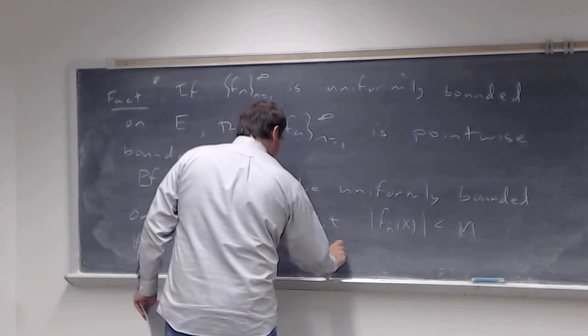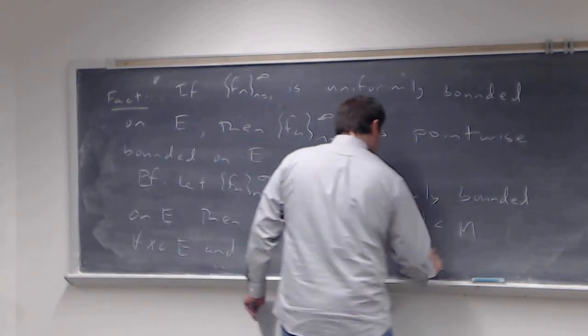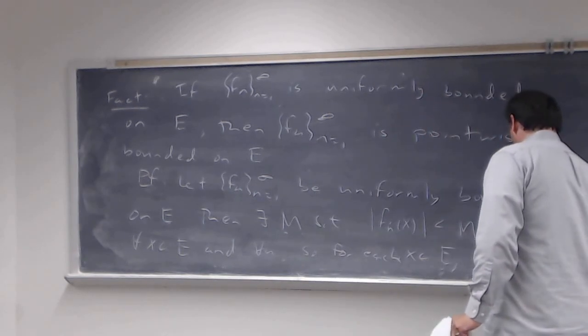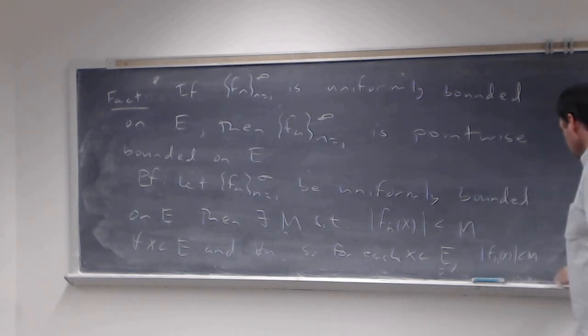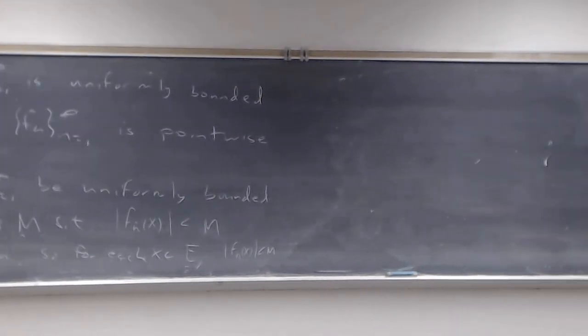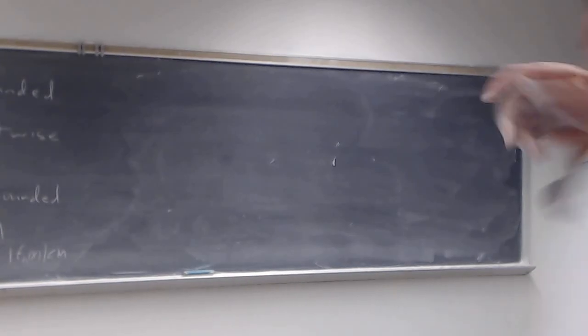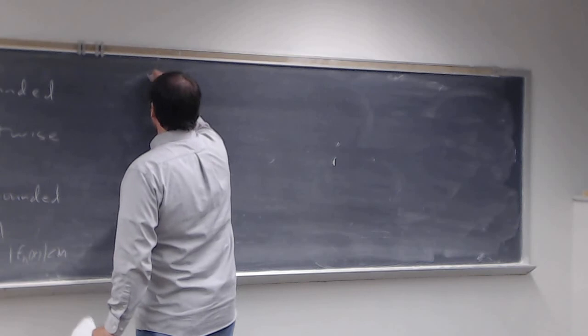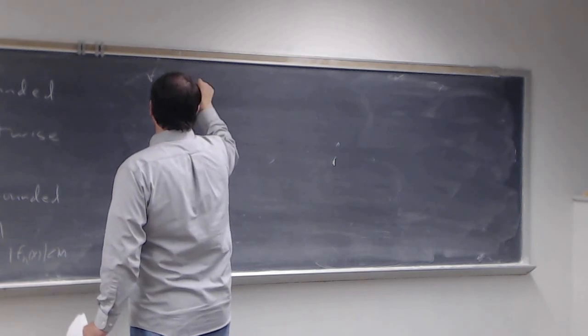So for each x an element of E, if you fix it, f sub n of x is less than M, and that's for all the n's, 1, 2, 3.